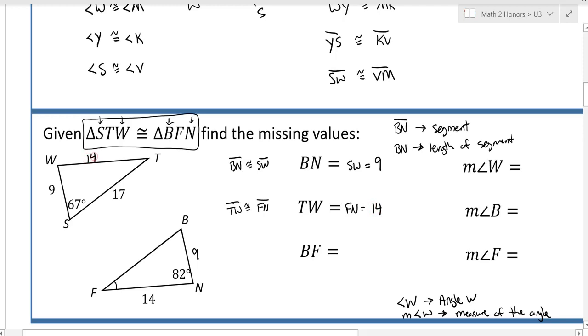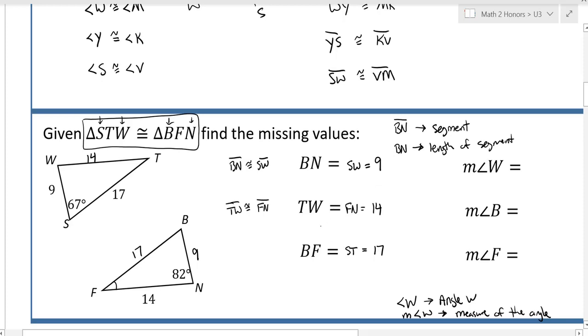So I'm going to jot that down, that TW is 14. And then BF is going to be the same as ST, and ST is 17. So we're talking about the lengths of the segments, so the answers are numbers. We're using an equal sign instead of a congruent sign.